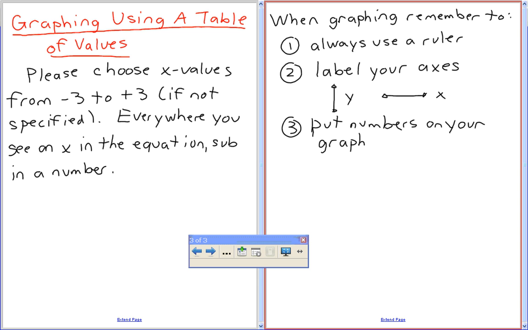Number 4 says use a title. A suitable title could just be graph of whatever the equation is. If you're talking about number of days versus number of cats that you own, you can put that as your title, depending on whatever the title happens to be. Number 5 says put arrows on your graph.